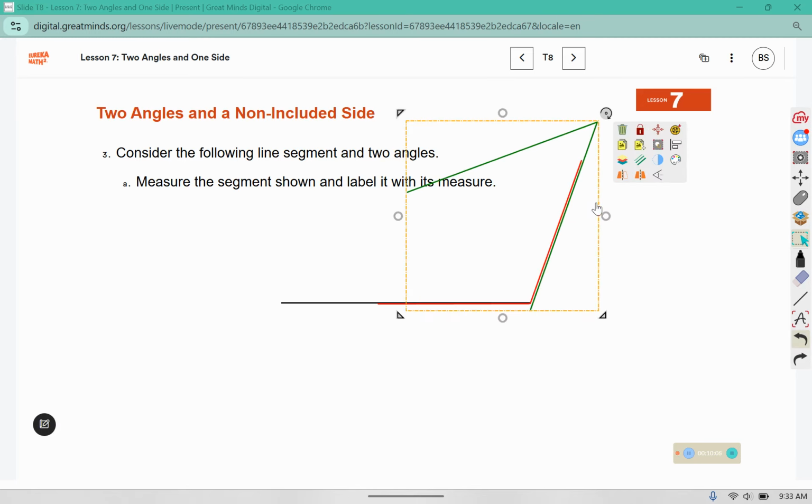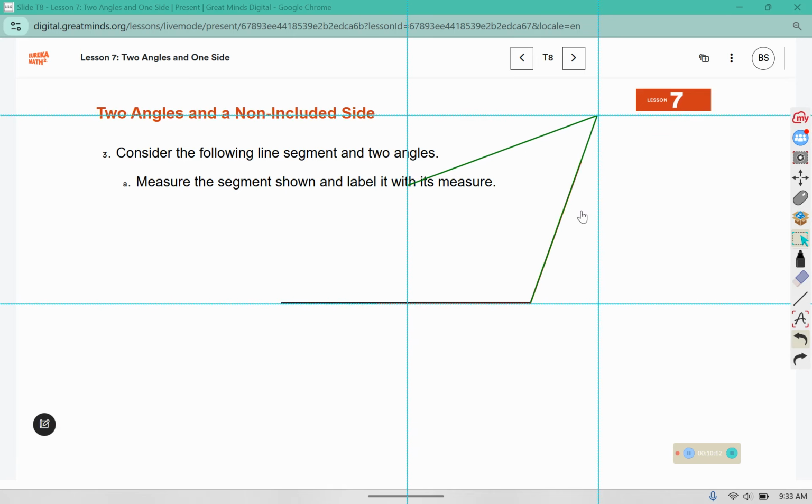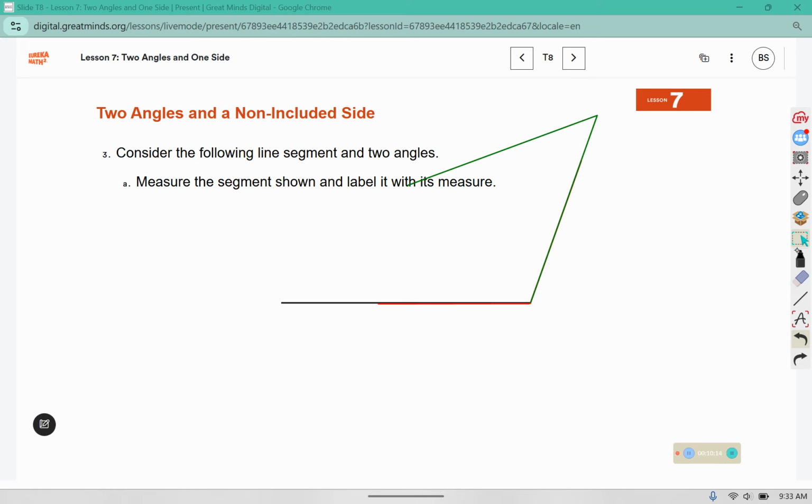So let's see. I may need to extend the lines here for this angle to come out farther and adjust accordingly.